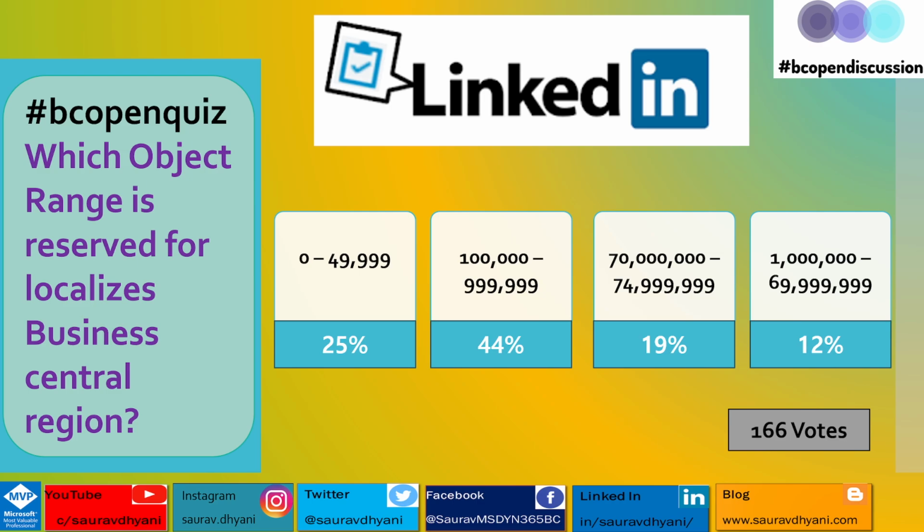It is a partner-led localization. One of the examples is India, where Microsoft didn't directly build the localization piece of Business Central. It's a partner-led localization. So in that case, the localization range is different. But the question was around the Microsoft range, which I'm clarifying now, and that makes the answer correct as this.